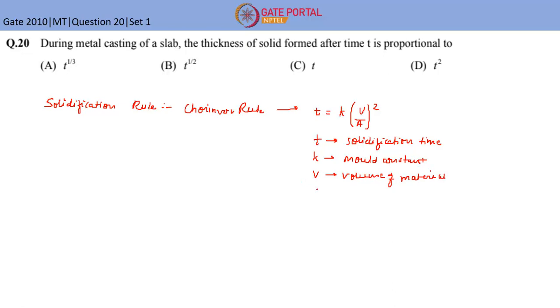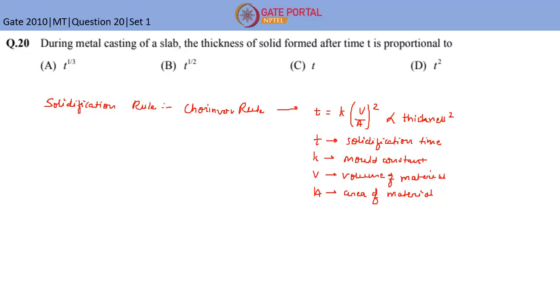And A is the area of the geometry which is getting solidified. Hence, this is always proportional to thickness square. So the time taken for solidification is proportional to the thickness square.